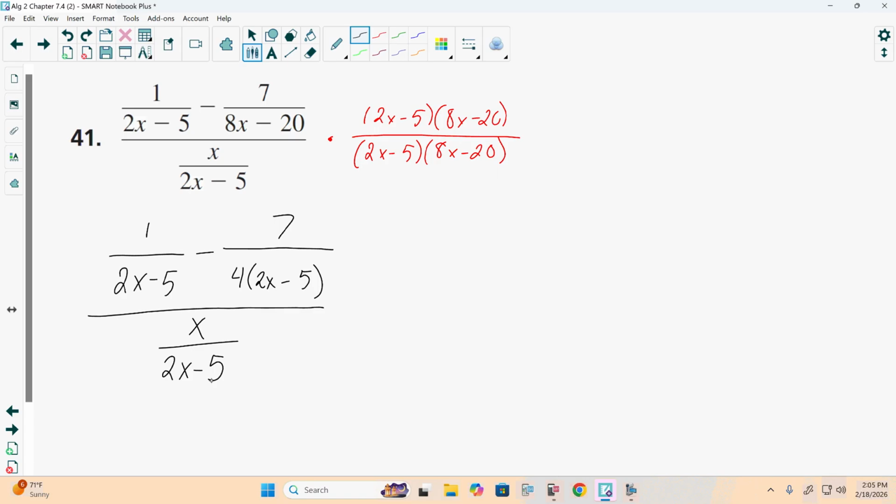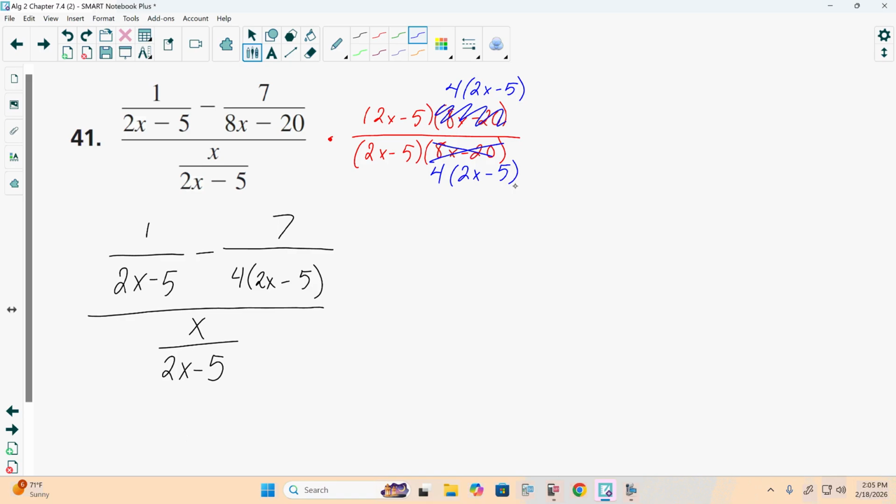So really, if we'd have done that first step by 8x minus 20, that's really just 4 times 2x minus 5. So if we'd have done that step, it would still have worked.